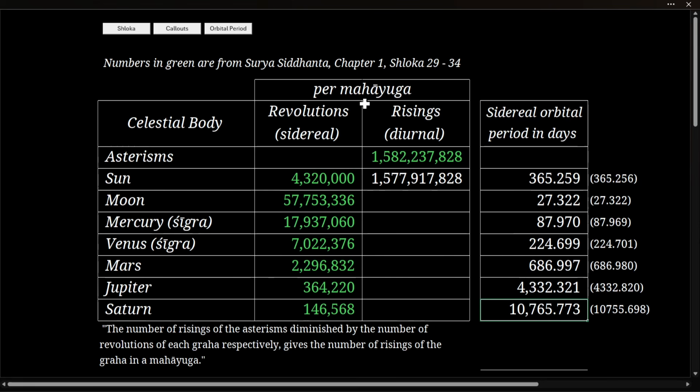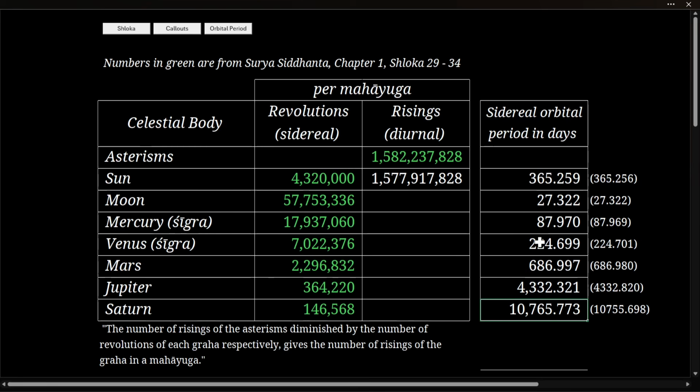They said that we will take this cosmology, the mahayuga period, and work with that and set it up in such a way that it reflects for us the actual orbital periods. At least they set up the orbital period of the sun based on the mahayuga, and everything else they added in proportionate fashion to reflect these values. So now you see this makes perfect sense that these big numbers are absolutely accurate. How accurate they are, you can see from here.